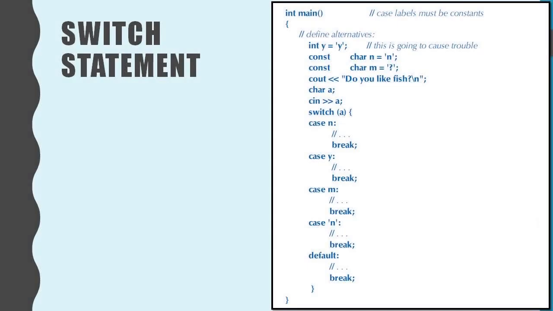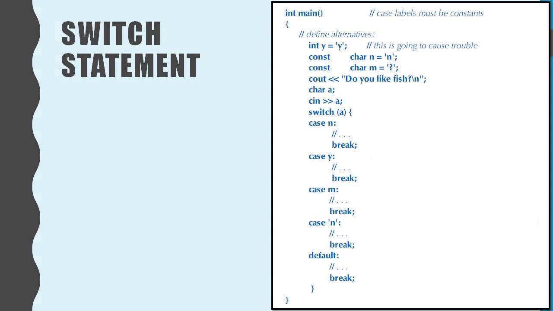Here is the second program. There we have an int variable with the int value of the character y, and then we have two constants, char n and char m. Char n has the value character n, and char m has the value of the question mark character. We also have another variable, char a, and we are capturing a value from the user.